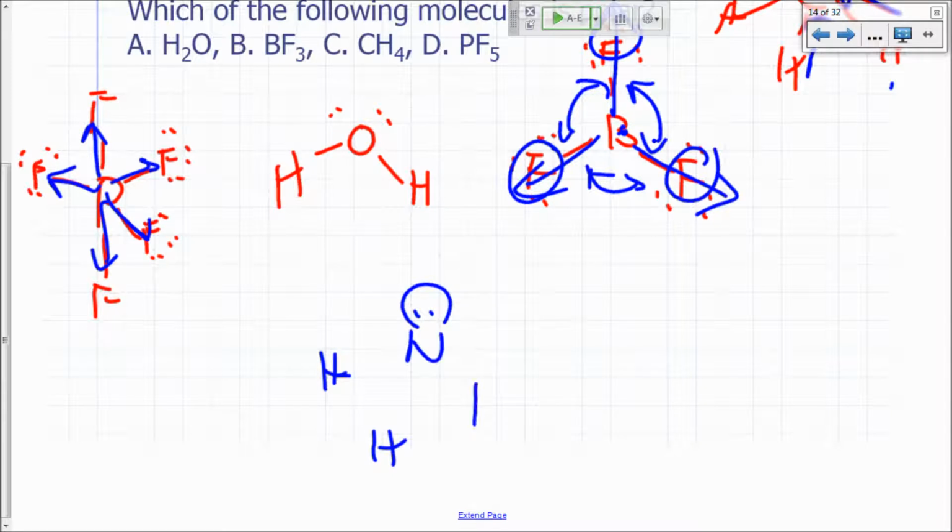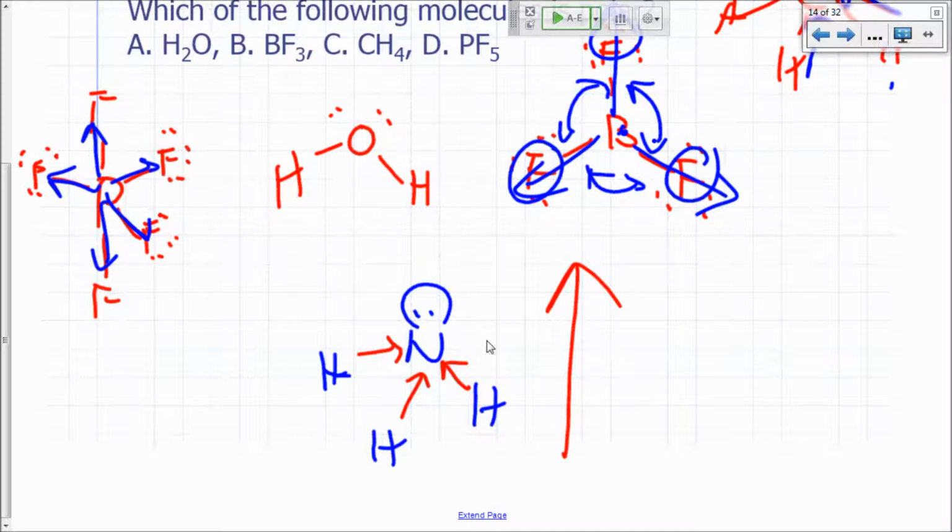Nitrogen, hydrogen. So you have three polar bonds that way. So there's a net polarity towards the nitrogen. Because the molecule's not perfectly symmetrical, those polarities don't cancel out. Your molecule itself is polar. NH3 is a polar molecule.